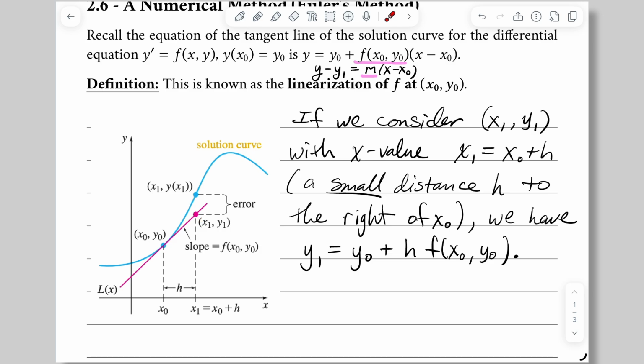to the curve. And remember, f of x naught, y naught is rise over run, times h, which is just run, plus y naught gives me a new y value. In other words, rise over run times run is rise. Rise plus a previous y value is a new y value.